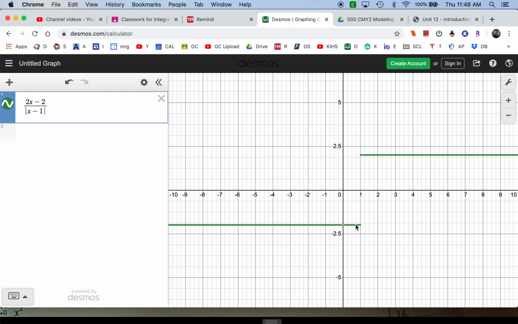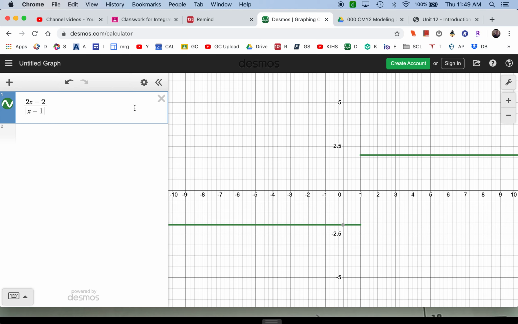That's the answer. From the right, the answer is +2. If it was a two-sided limit, there'd be does not exist. But this is one-sided, from the left, and the answer is -2. So give yourself a check mark if you said number 12, the answer is -2.